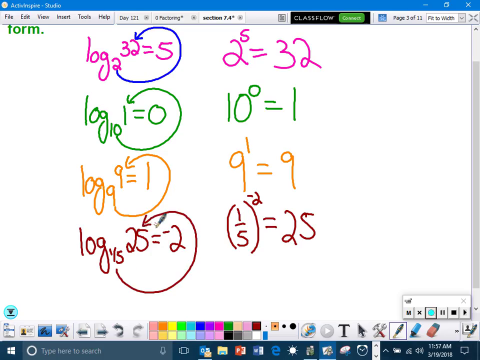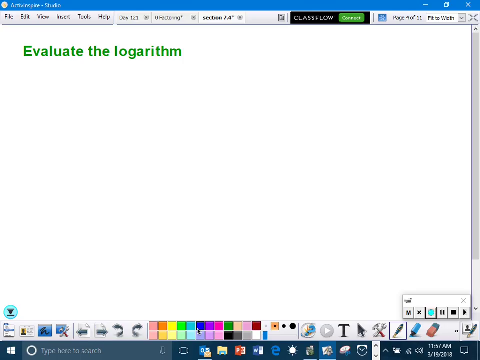All right, moving on to the next part. Evaluating logarithms. First example. Sometimes you're going to see just an expression like this, hence the word evaluate, because it's an expression. So it might say log base 3, 81. That's an expression. We want to know what does that expression equal.